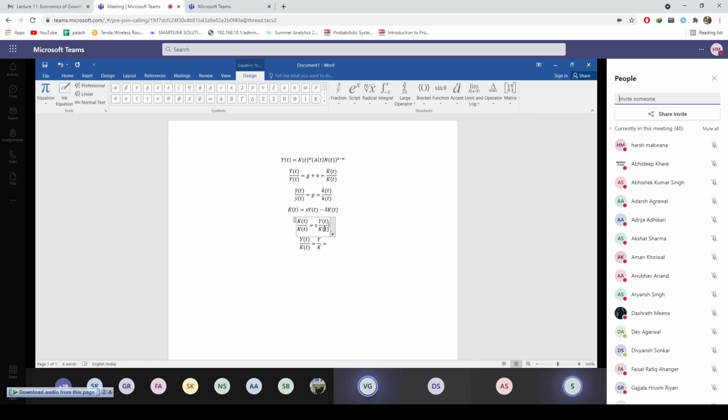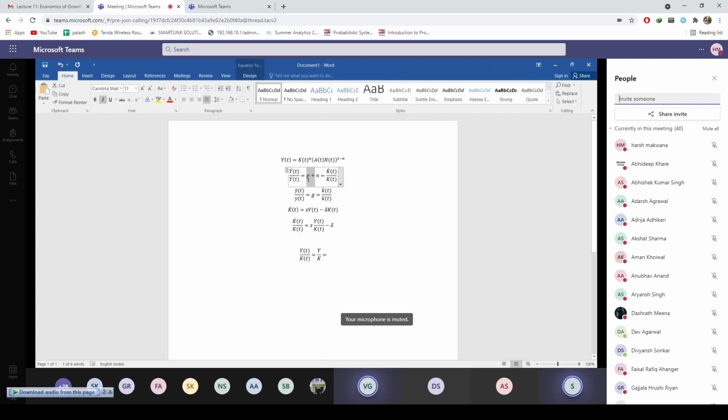Now along the balanced growth path, my capital K dot divided by capital K is basically my G plus N. So I'll substitute G plus N over here.